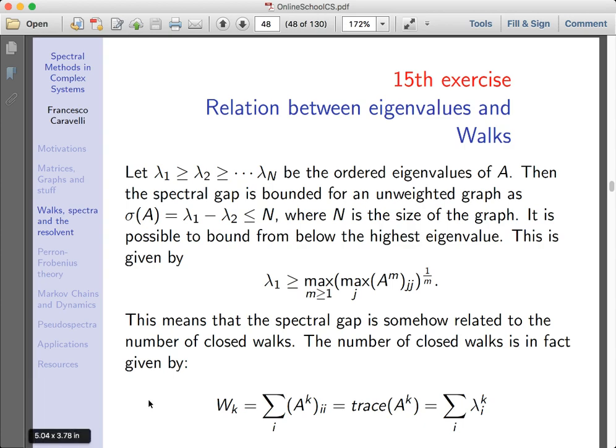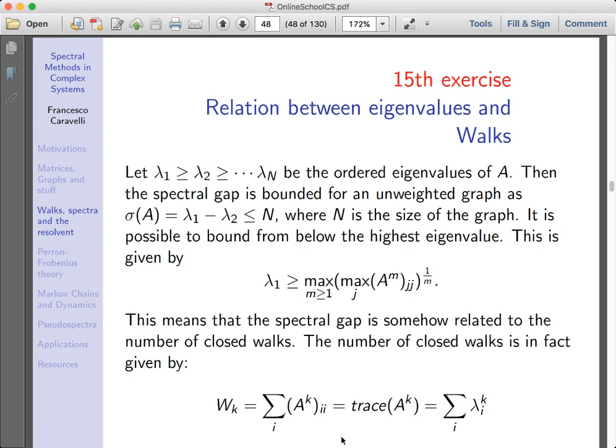Also, it's not too hard to see that if you define the number of closed walks, unlike before, when we summed all possible ij's for the matrix A^k, which was defined as M_k, then the number of closed walks, which is the trace of A to the k, is connected to the sum of the eigenvalues.